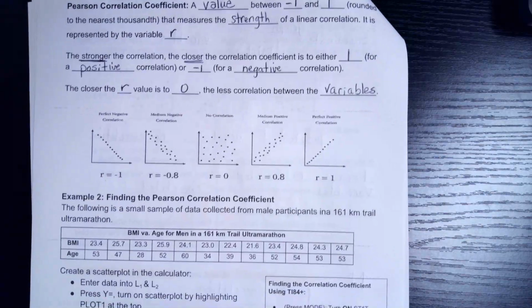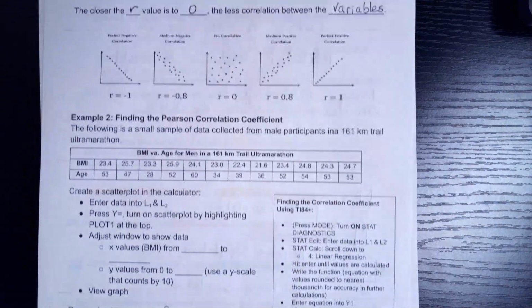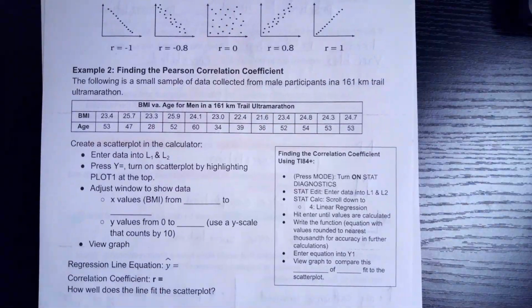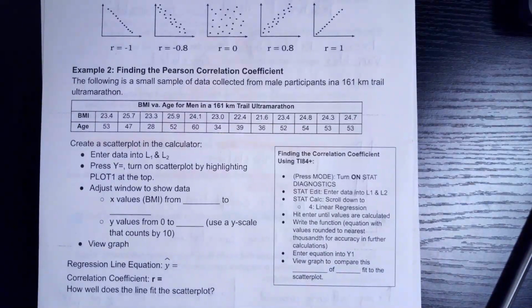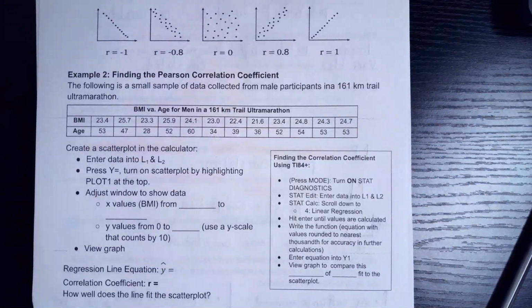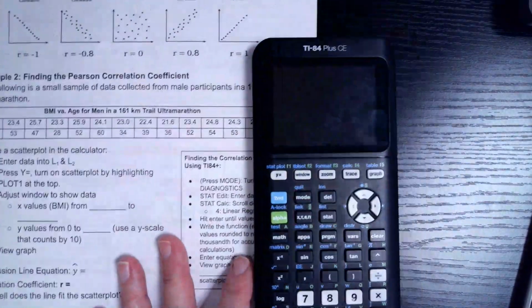So let's use this information and figure some stuff out. How to find the correlation coefficient? Well, first of all, that means you need to put X, Y values into your calculator. Where do we put lists of numbers in the calculator?